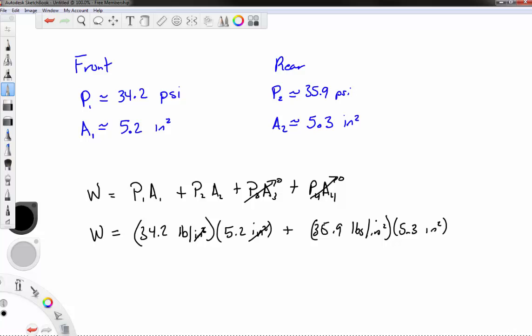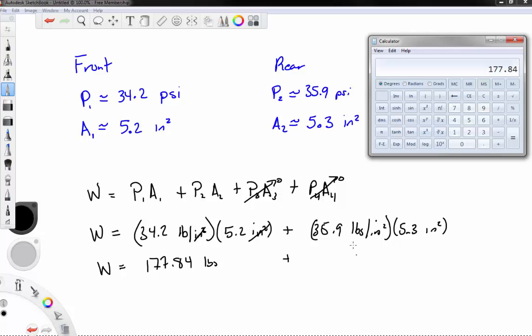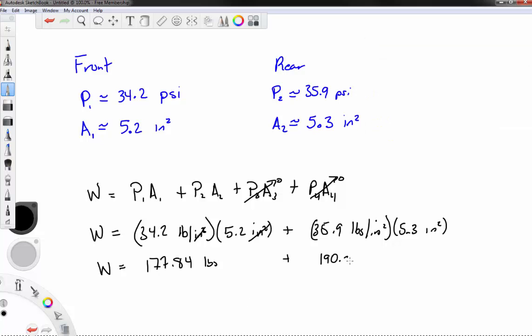Therefore, we can write that the weight is 177.84 pounds plus, now we put in the other set, 35.9 times 5.3, and that's 190.27 pounds.